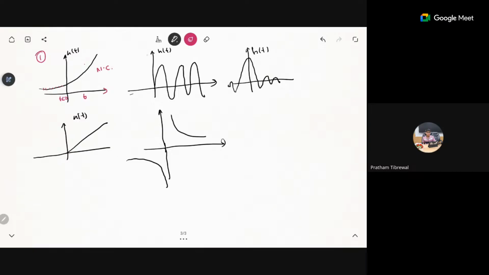Now the second one. Is it causal or non-causal? It's causal, because h(t) is non-zero only for t greater than 0. Correct, so this is causal. Now the third one.